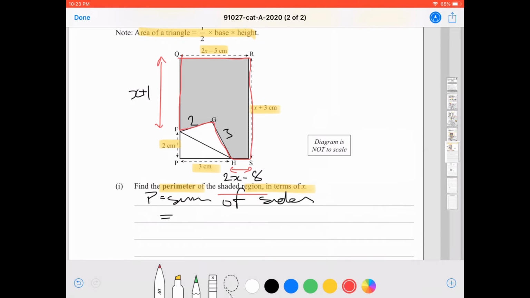Working from the top and going clockwise, we can say 2x plus 5 plus x plus 3 plus HS, so 2x minus 8, plus 3 plus 2 plus x plus 1.